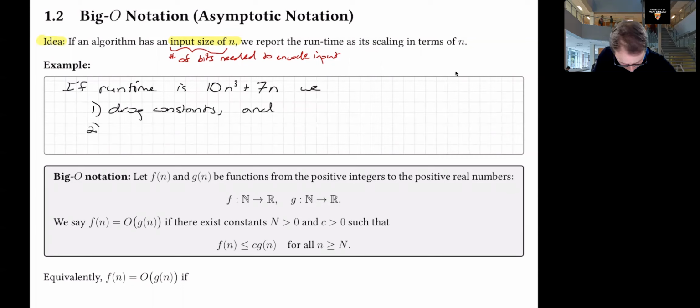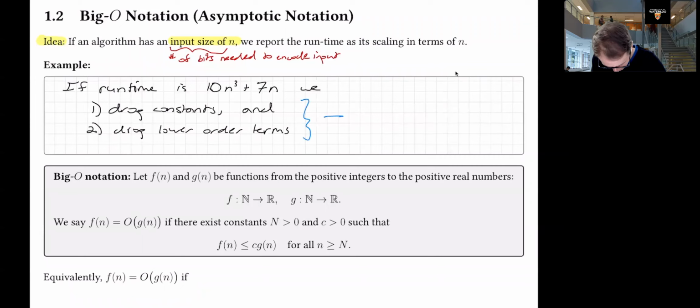And two, we drop the lower order terms. And from that, we get big O of n cubed. Now, that's kind of the informal way that we do this.